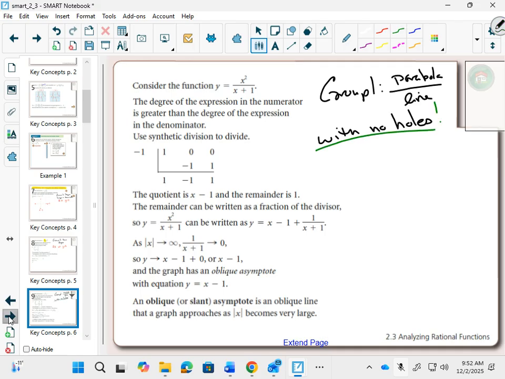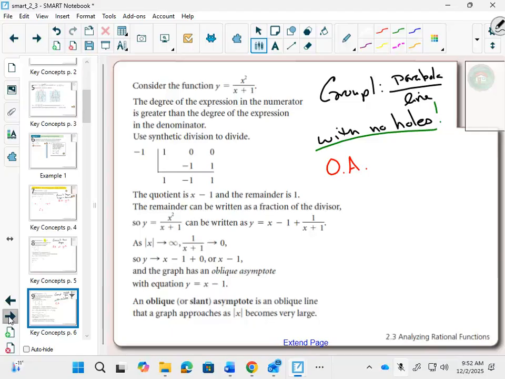If you have a parabola over a line with no holes, this is the situation where you will have an oblique asymptote. And you will have to use synthetic division from the polynomials unit to find it.